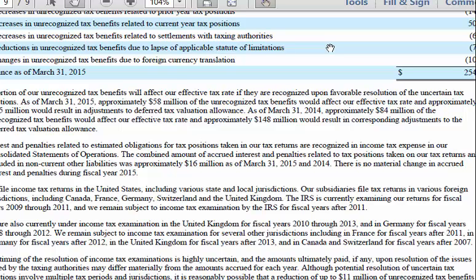So in a way, they're saying we make money in foreign countries, we lose money in the U.S. This disclosure is saying worldwide we have 254 million of exposures. And they're saying if we recognize the 254, let's say we won it all, 58 of it would impact our provision. It would give us a great provision answer because we would win.